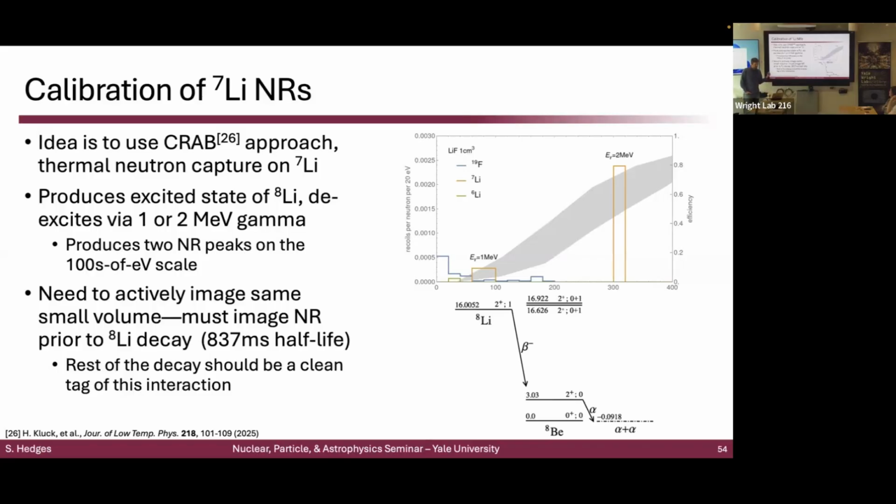With that, we need to image this recoil before the lithium-8 that's formed decays, which has something like an 837 millisecond half-life. We've talked about doing measurements with a different detector nearby to measure this gamma as it escapes, but we haven't looked at instrumenting it with a PMT at the same time.